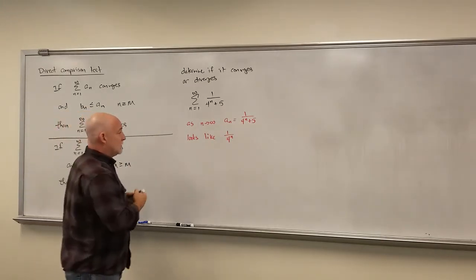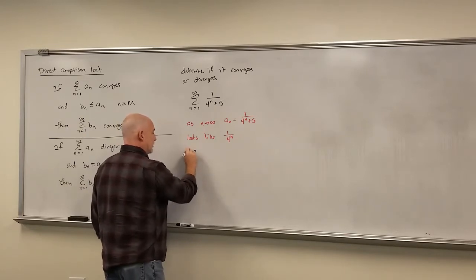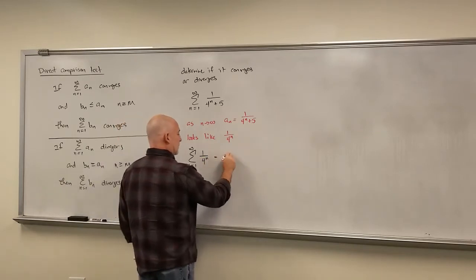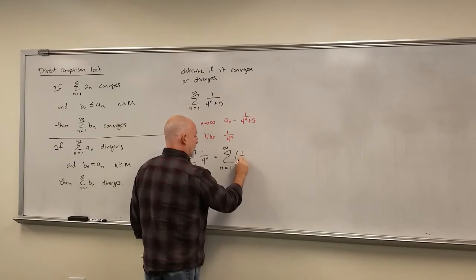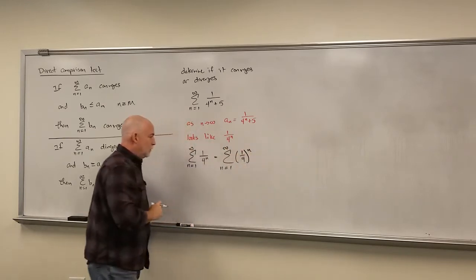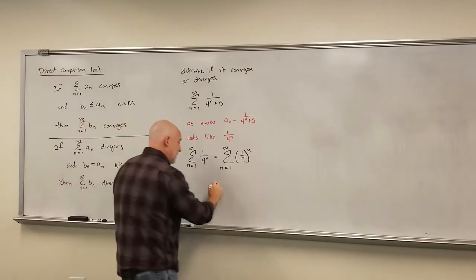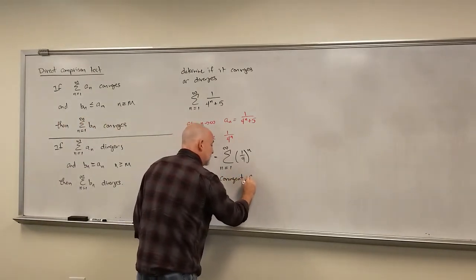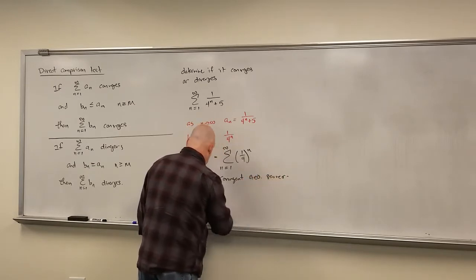Well, what is this series then? What's the series of n equals 1 to infinity of 1 over 4 to the n? Well, I can rewrite this. So this is n equals 1 to infinity of (1/4) to the n. Well, that's a series that we should recognize. This is a convergent geometric series.